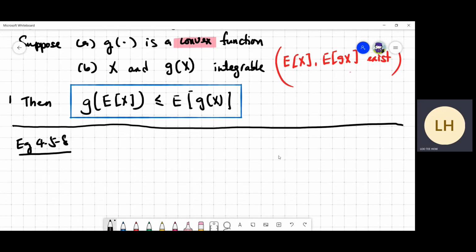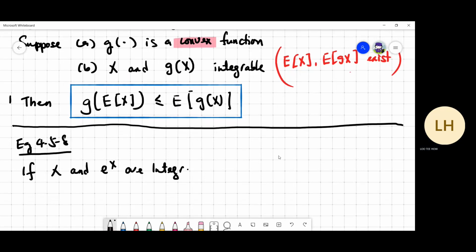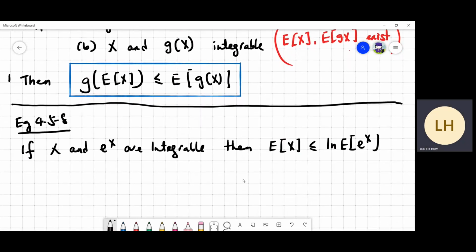If X and e^X are integrable, then we have this: E[X] is less than or equal to ln of E[e^X].